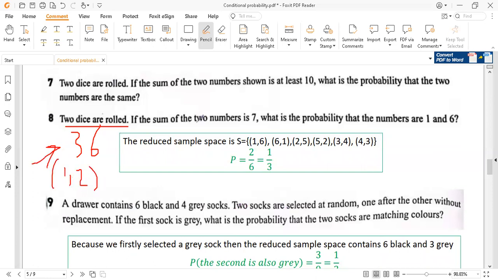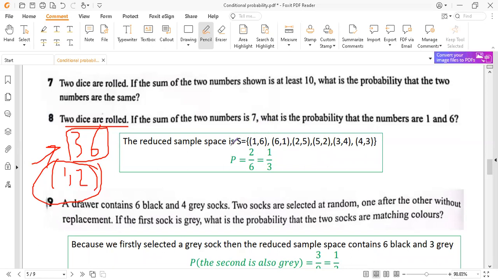If the sum of the 2 numbers is 7, how do we obtain a sum of 7? We can draw the net diagram to find the 36 different couples, the outcomes of rolling 2 dice, and finally check whether the sum of the 2 numbers equals 7 or not.